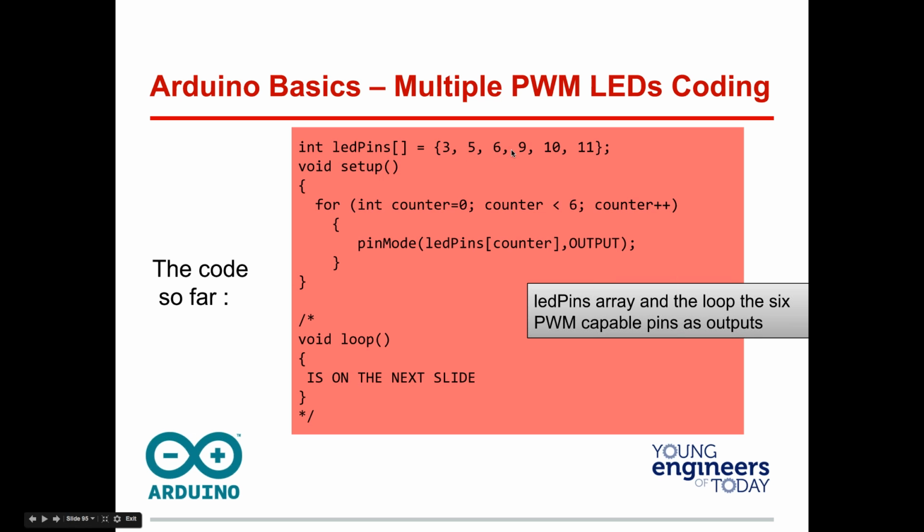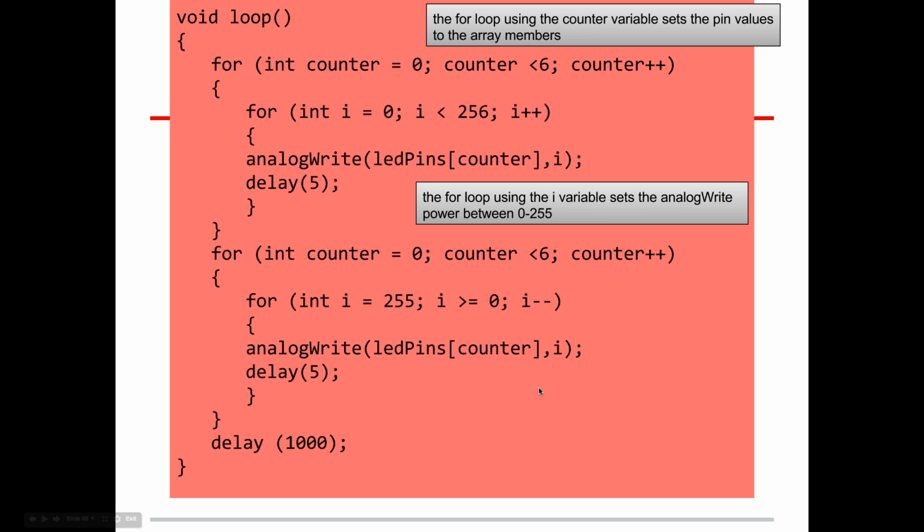This is going from 0 up to 5. Then you go on to this next one, and there you're set. So let me leave the code up there for you now.